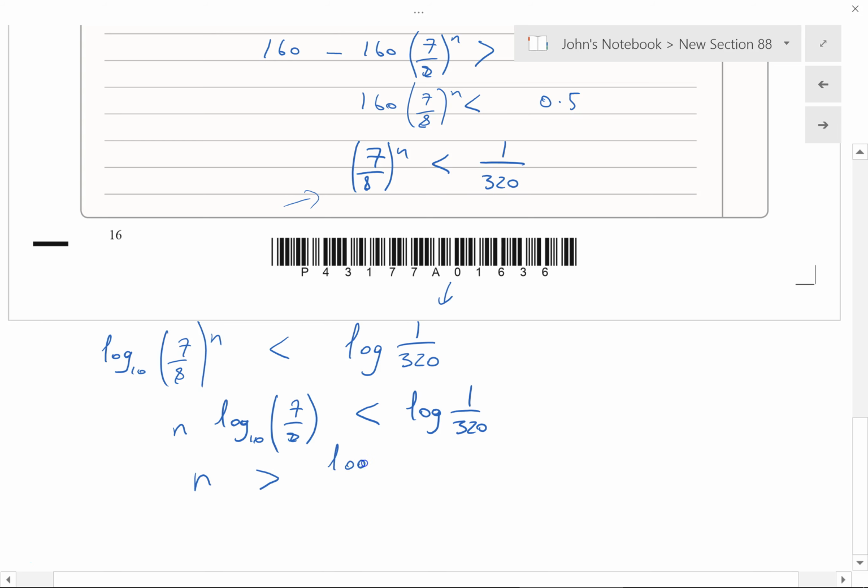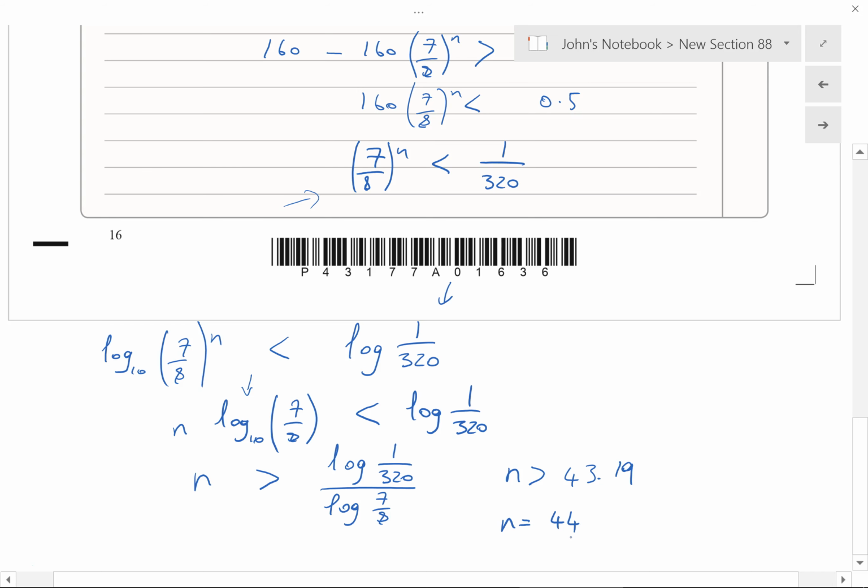Using the rule of logs, that gives me n is greater than 43.19. But we need to go for the next integer up, because n has got to be a whole number, so n equals 44.